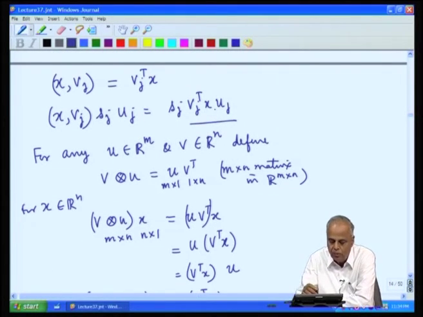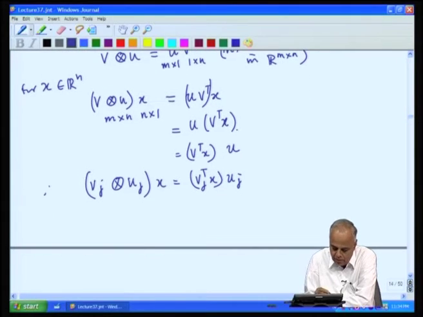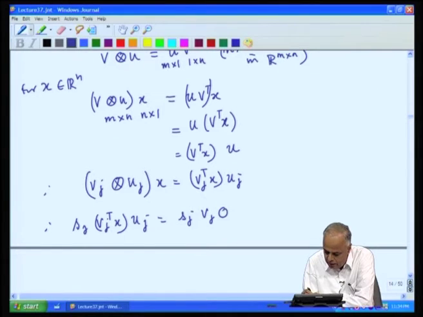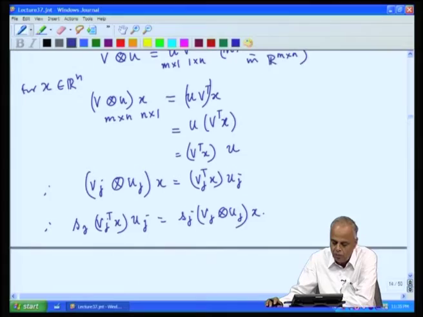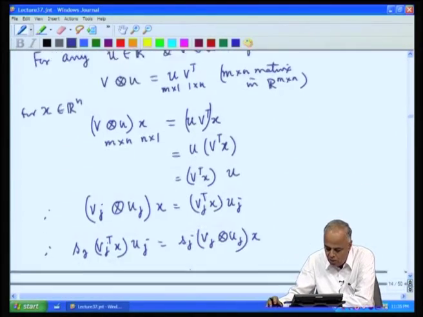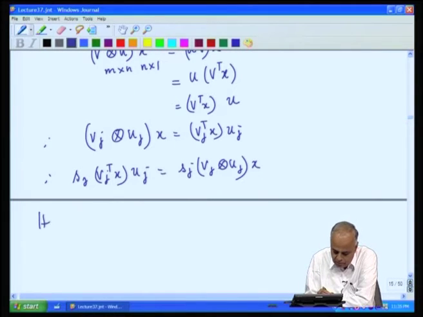So, therefore, we can now write S j times v j transpose x times u j as S j times v j tensor u j acting on x. So, let us now substitute this in 1.